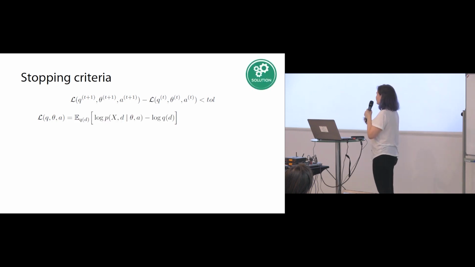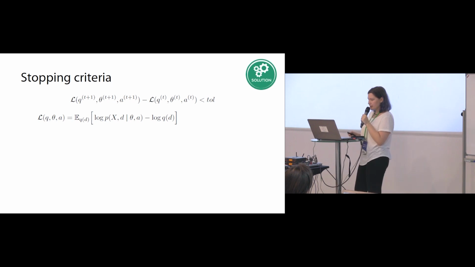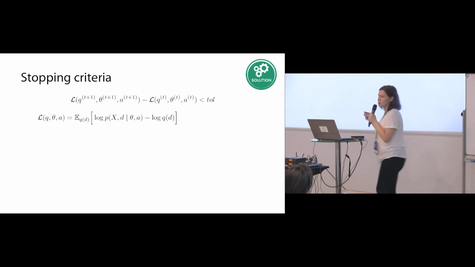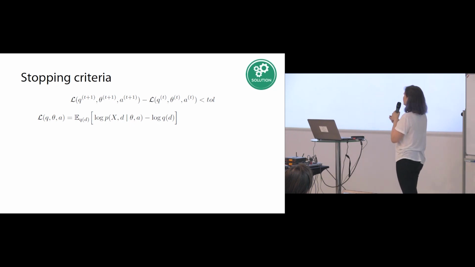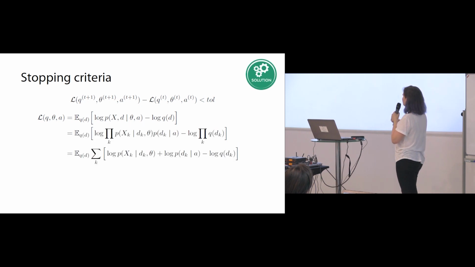To compute this value of the lower bound, we use pretty much the same tricks as we used in the previous slide. We rewrite the formula of the function for the optimization. Remember, we first rewrote the function which we optimized in the M-step, and then we optimized. This is the formula for our lower bound. We use our probabilistic model, so we rewrite it as a product.